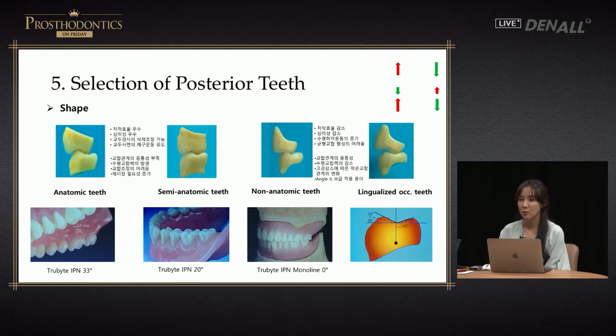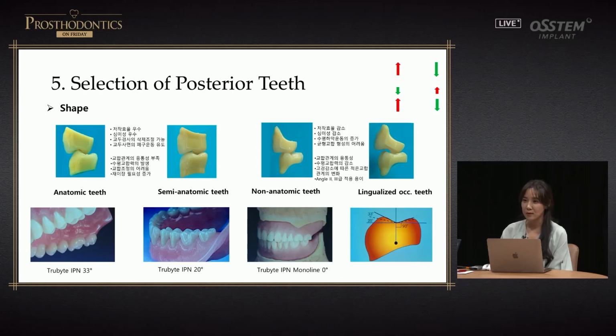Originally, non-anatomic teeth were not necessarily 0-degree teeth, but these days only 0-degree teeth are remaining for the non-anatomic teeth. Teeth achieving lingual occlusion, which is in contact in the lingual side, we'll explain about later.